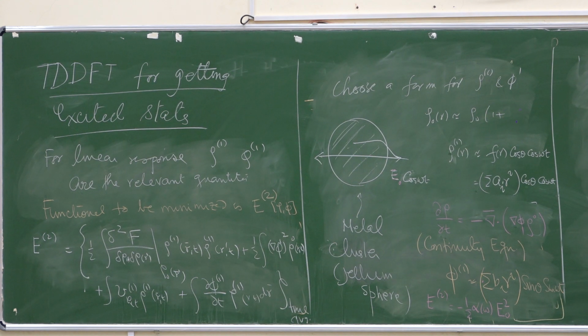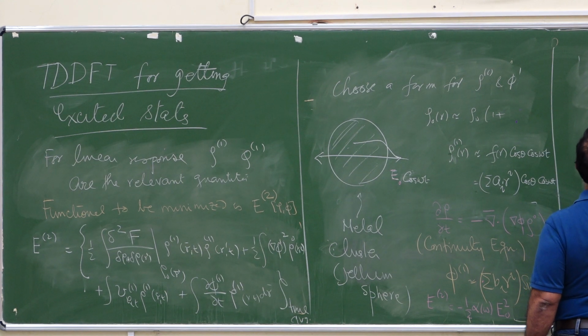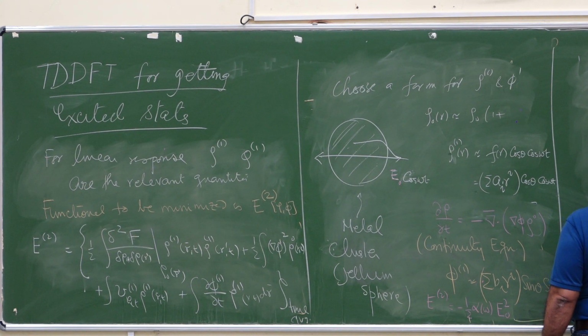Okay, so I'm just giving you a scheme of how to do things in TDDFT. It's as simple as doing a stationary state, just more terms are there. So calculate E2 omega by minimizing the expression for E2 with respect to A i and B i.